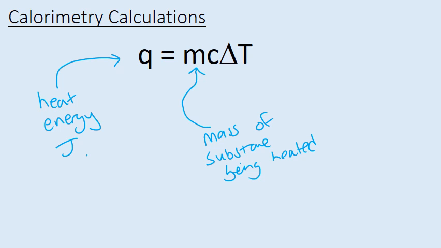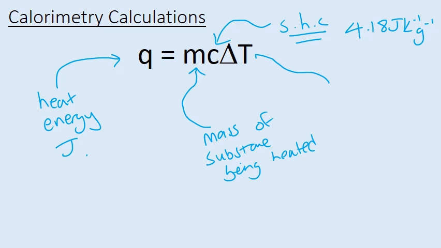Even if it's solution, we take it as water, so the volume of your solution is your mass. And c is the specific heat capacity of the stuff being heated up, which again is always water, and you'd be given this in the exam, 4.18 joules per kelvin per gram.